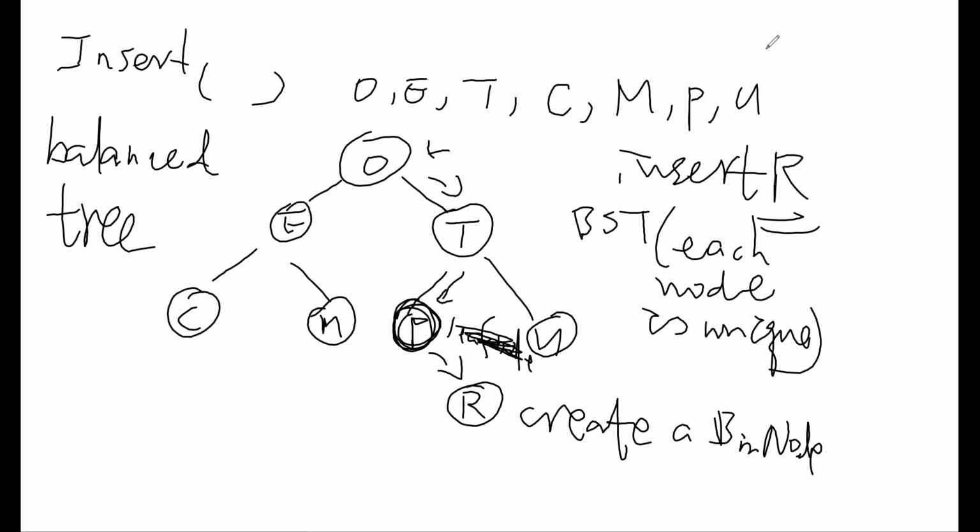Let the parent node's right branch point to this node. Then you get R inserted into the tree. And suppose you want to insert M, then you cannot do it because M is already in the tree. Then no more insertion. So be careful about this concept.